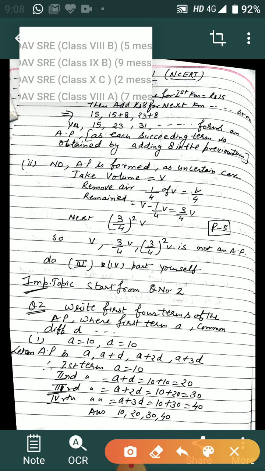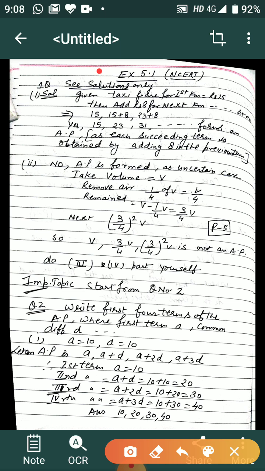The question was that the taxi fare was given as rupees 15 for the first kilometer, and for the next, rupees 8 was added. So this is an AP because a fixed amount is added each time, but these cannot be asked in the examination as question number 1 and 2. Questions 3 and 4 you can do from the book.